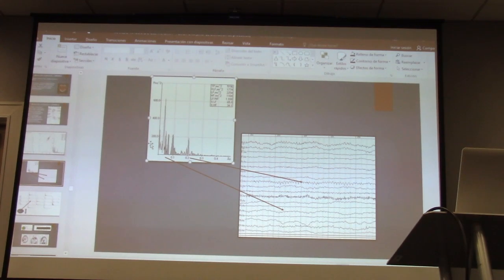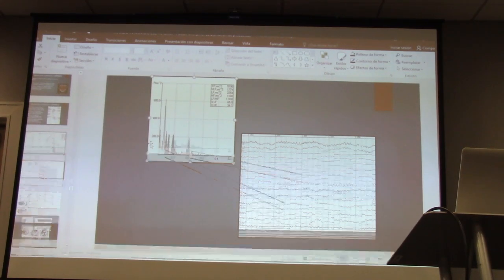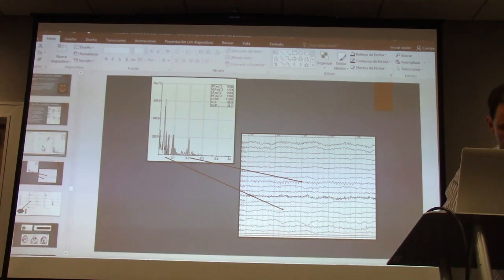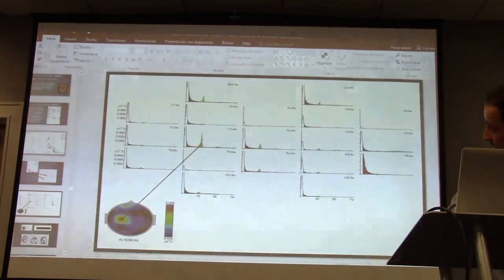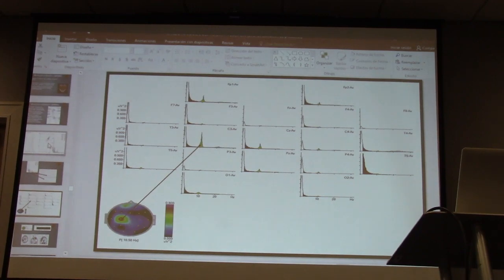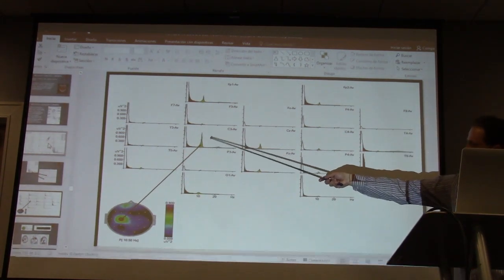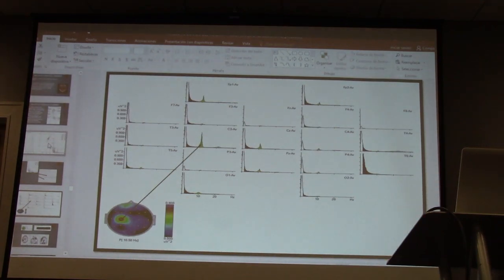Okay? And what I had this person do, and here's the spectral analysis. So the mu is at 10.50 hertz, and you can see the power spectrum at C3. So that's the most salient presentation for this gentleman, with a little bit of the background alpha rhythm being suppressed.